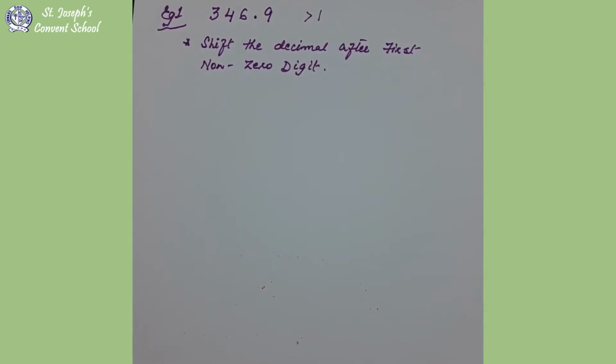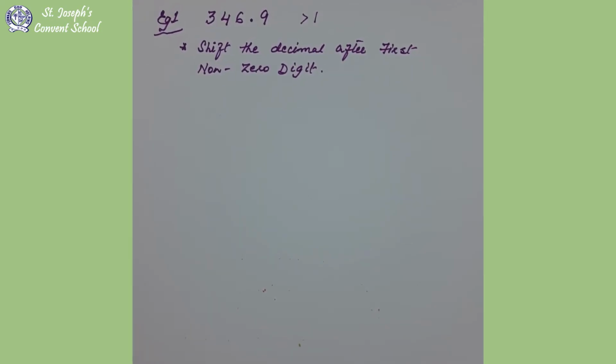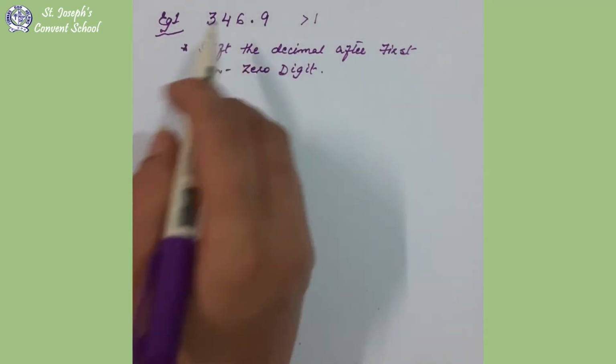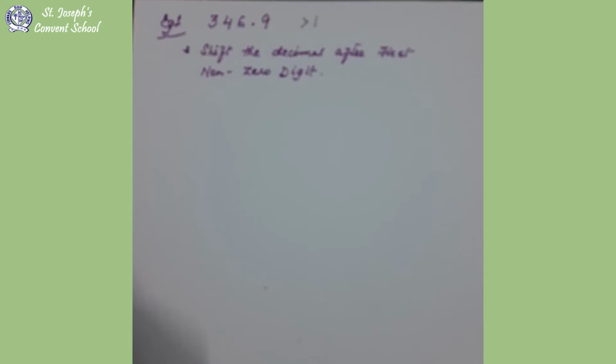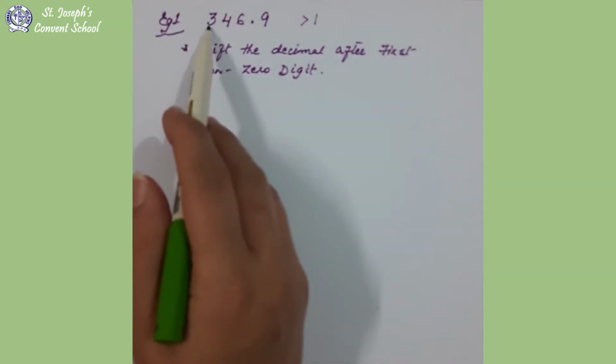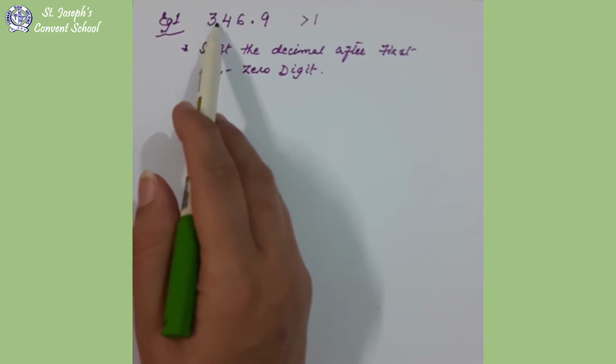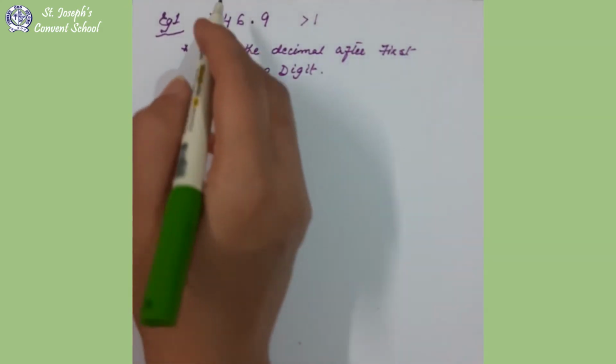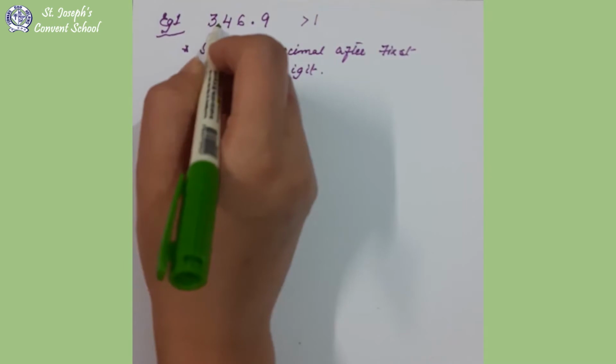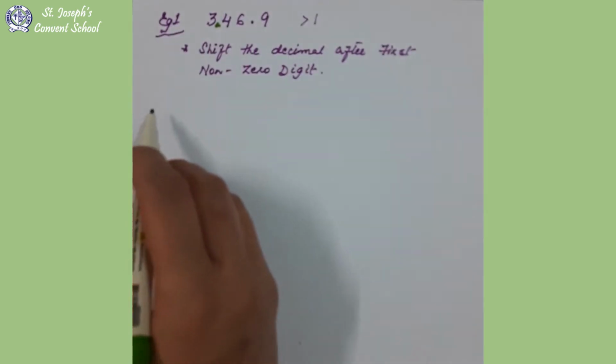Now in this example, the number is 346.9. So we will shift the decimal. Where to shift it? After the first non-zero digit. This is the first digit, and it is non-zero, meaning it is not 0. So we shift the decimal here, after the first non-zero digit.